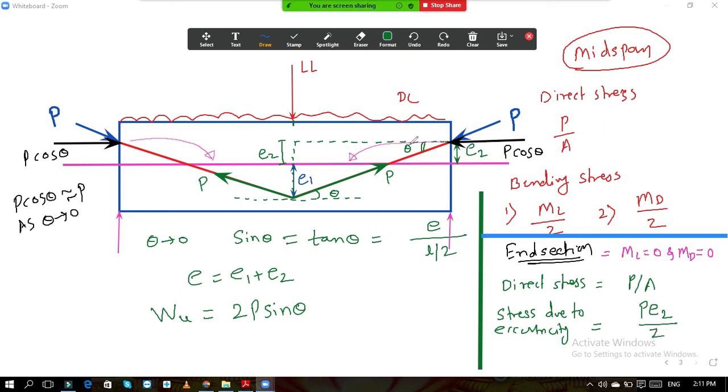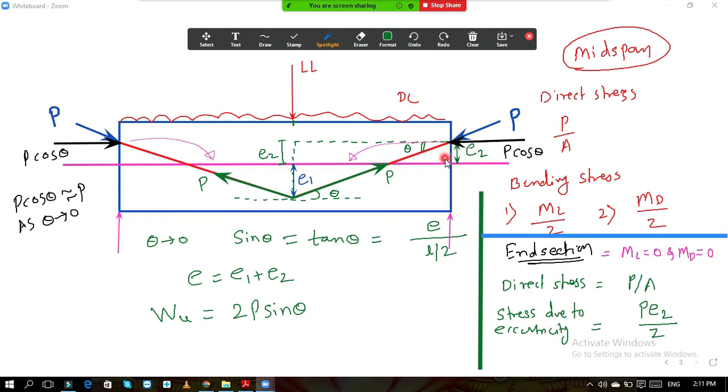The moment. Bending stress is equal to M by Z. M is nothing but P into e, and e is your e2. This is eccentricity e2, and your P is this force. P cos theta is nearly equal to P. So P into e is your moment, and if you divide it by Z, you will get the bending stress due to this eccentricity.